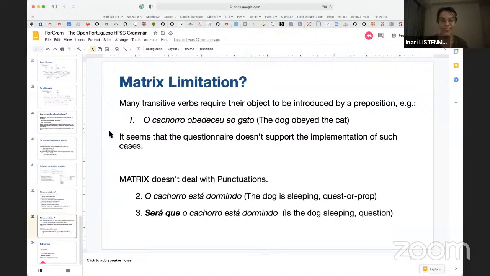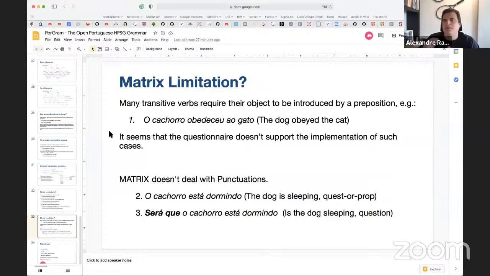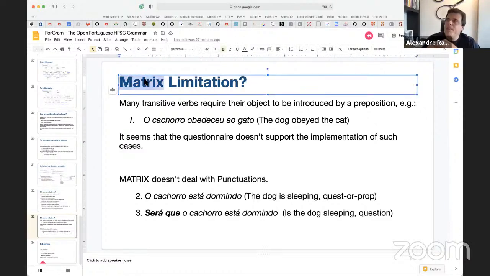Okay, so first of all, I'm not talking about a limitation of the HPSG formalism. I'm talking about the limitation of the Matrix system. The Matrix system is an evolving system, right? It's a project of Emily Bender. It's funny because even in the DELPH-IN community, when I started to join the meetings, and now I consider myself a member of the community, the Matrix project was not listed in the wiki.